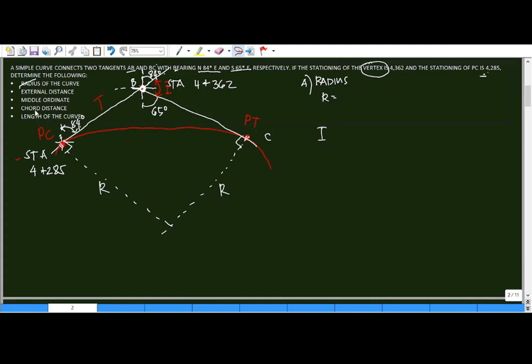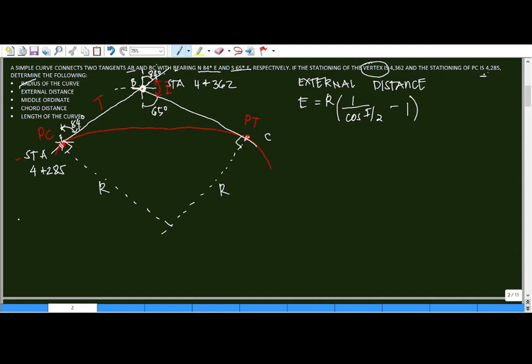So para ma-solve ko si external distance, nasolve na natin to kanina, wherein E is equal to R multiplied by 1 over the cosine of I over 2 minus 1.